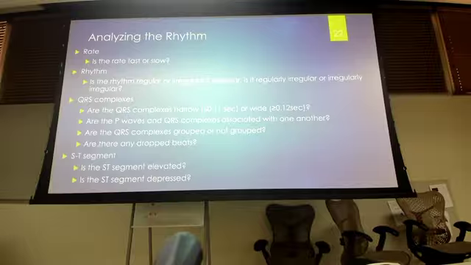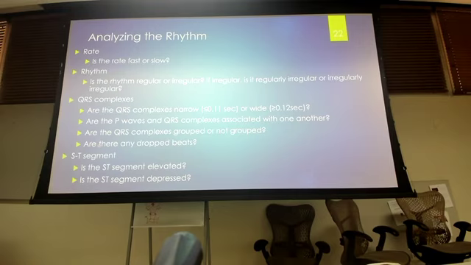And if it is irregular, meaning your R to Rs aren't marching out, is it irregularly irregular, meaning there's no rhyme or reason, versus dot, dot, dot, dot, dot? That is irregular, but it's regularly irregular, versus irregularly irregular, right?